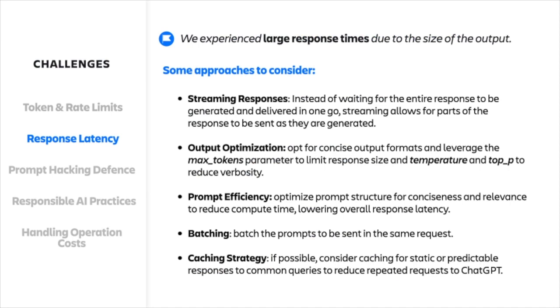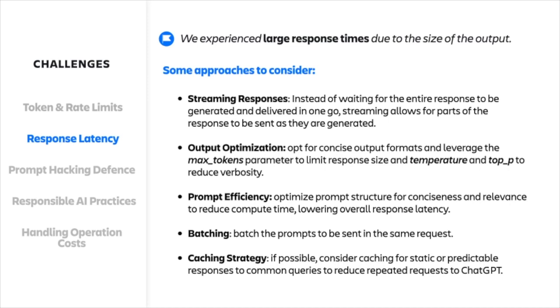Next problem, response latency. When you have a lot of output, you will have large response times, but there are ways to handle this. One is streaming responses, so to have a better user experience, you can already show the initial response you get by streaming. You can optimize the output by using parameters like max tokens, but also the already mentioned temperature and entropy parameters.